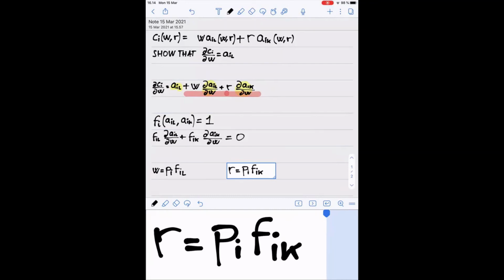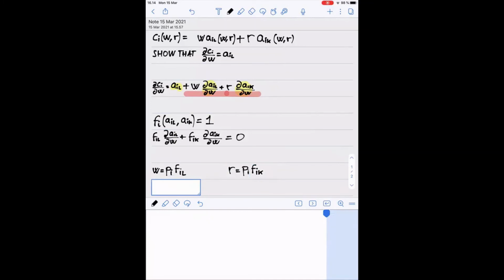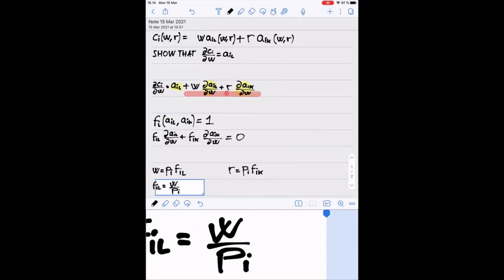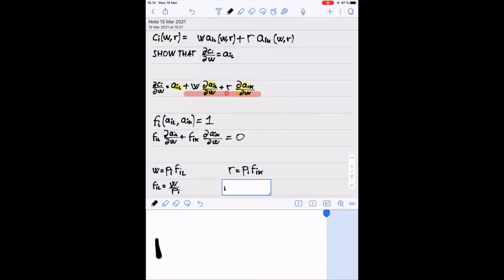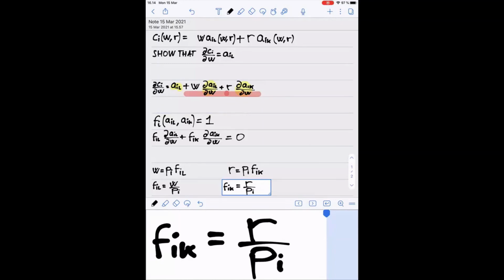So using these two conditions, we can write the marginal product of labor as the wage over the price, and similarly, the marginal product of capital as the ratio between the rental on capital and the price, P_i.